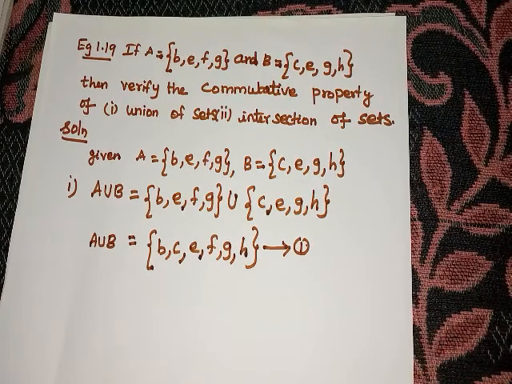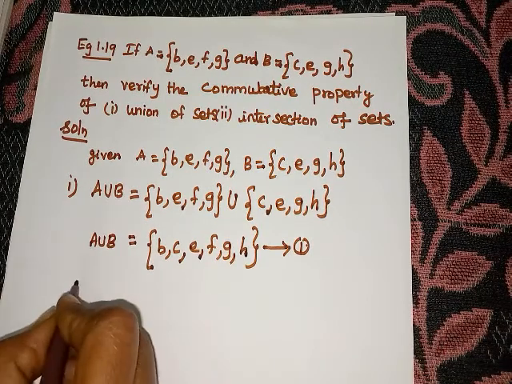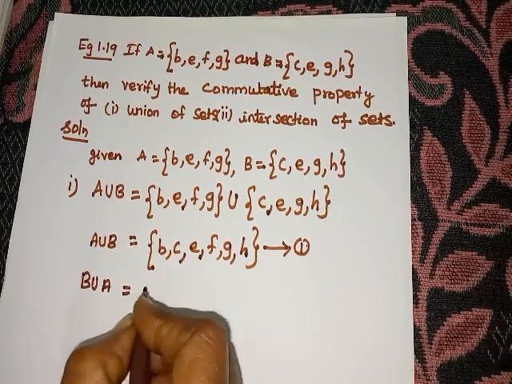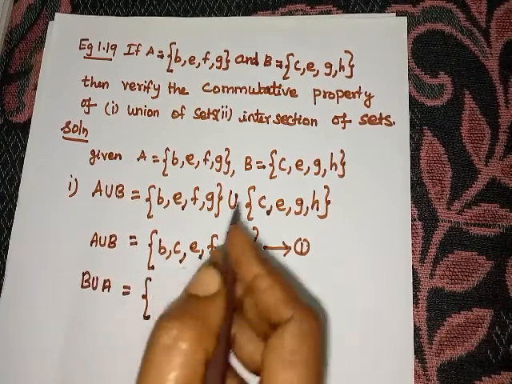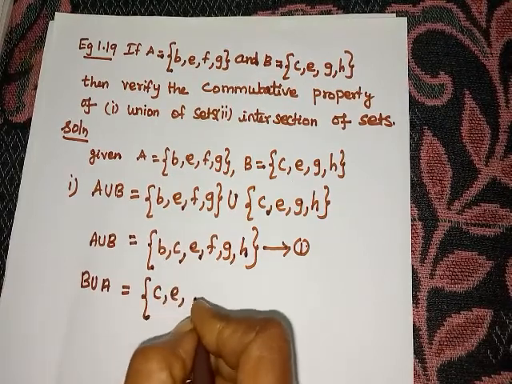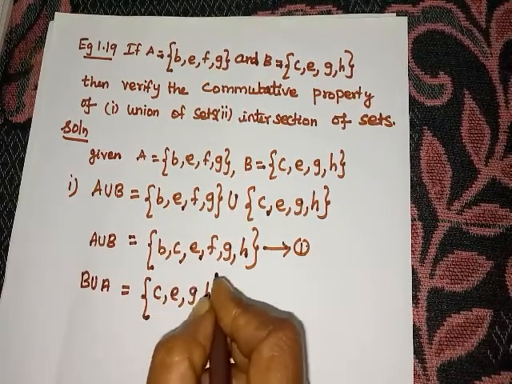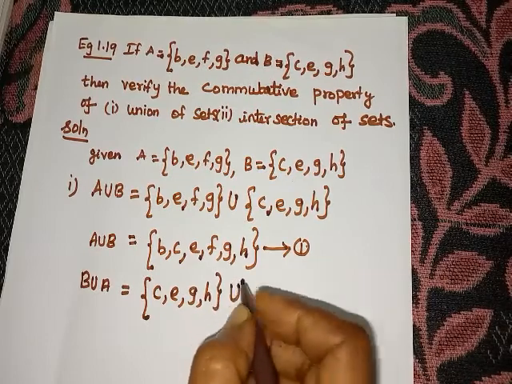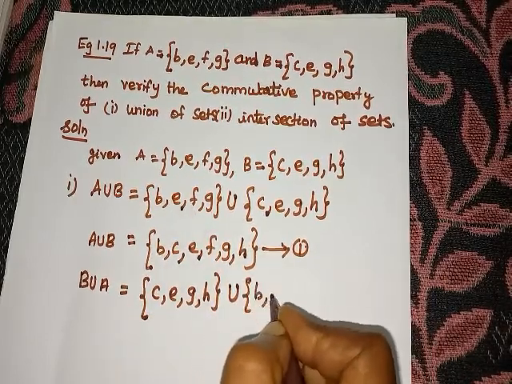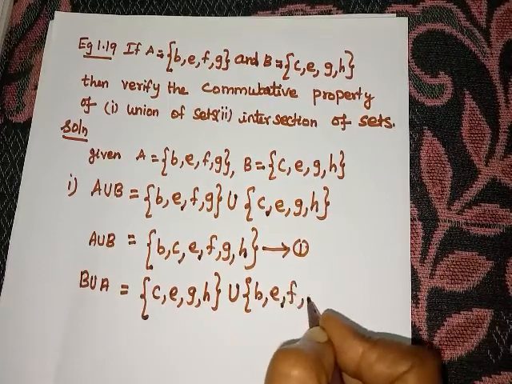Next we have to find B union A. B union A is equal to, first of all, the B set we have to write. B set is {C, E, G, H} union A set {B, E, F, G}.